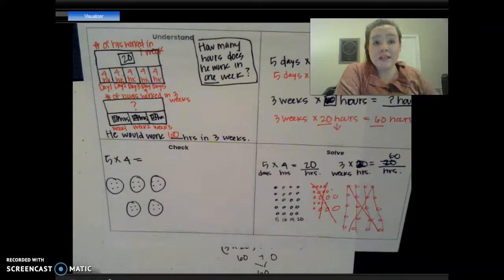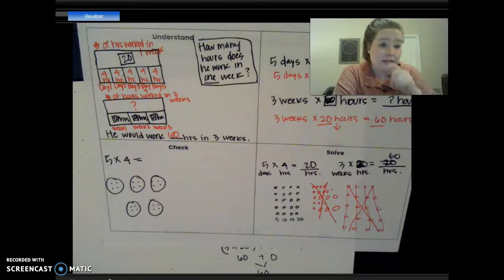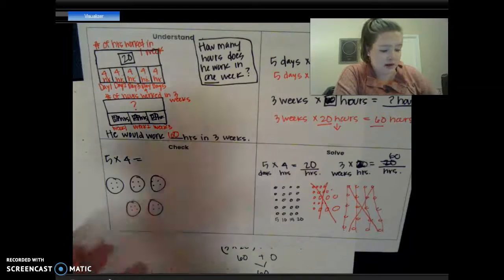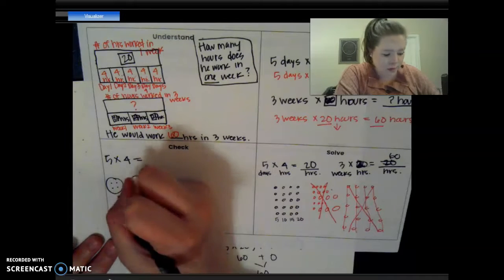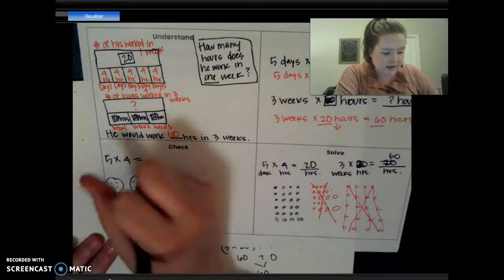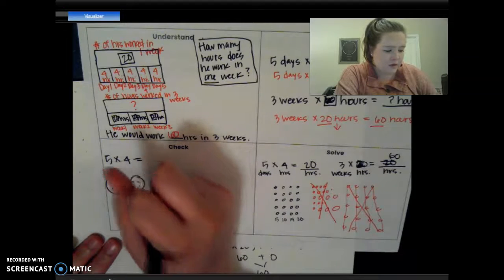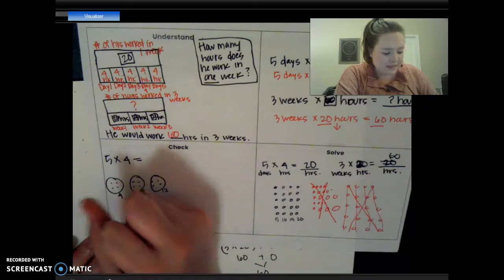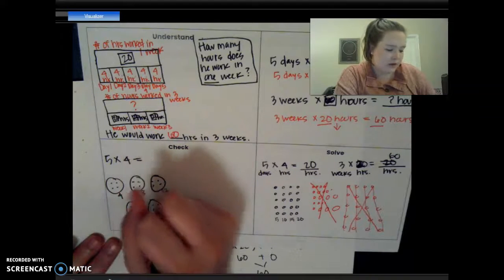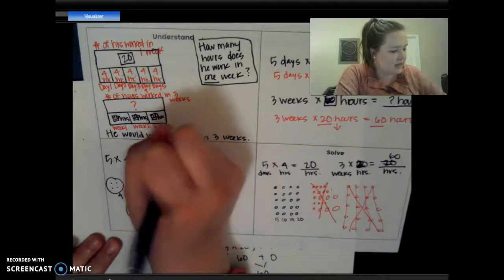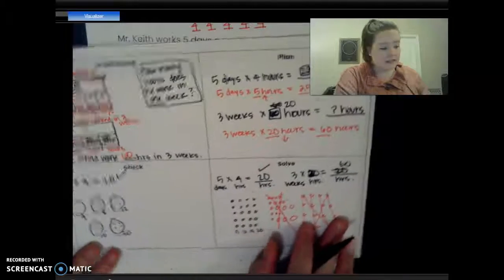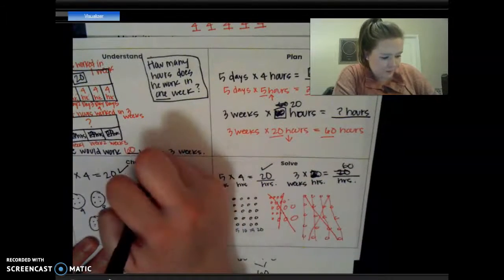Remember, last week we did groups, and at the bottom of every group, when you're done counting, you write the number that you're on. So 1, 2, 3, 4, and you pick up 5, 6, 7, 8, 9, 10, 11, 12, 13, 14, 15, 16, 17, 18, 19, 20. 20 checks. Okay, the next one was 3 times 20.